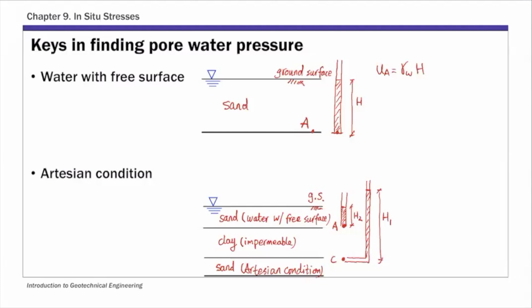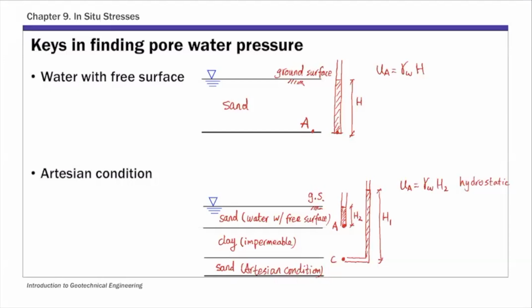So the water pressure at point A is simply gamma water times H2. And this is also called hydrostatic pore pressure. So this is under hydrostatic, in contrast to the artesian condition.